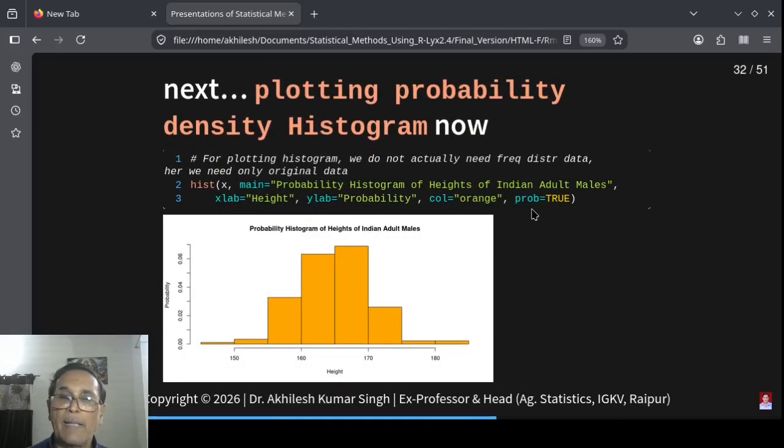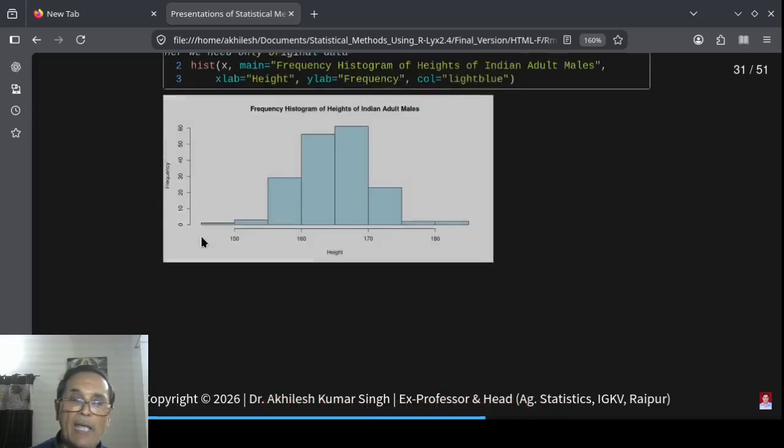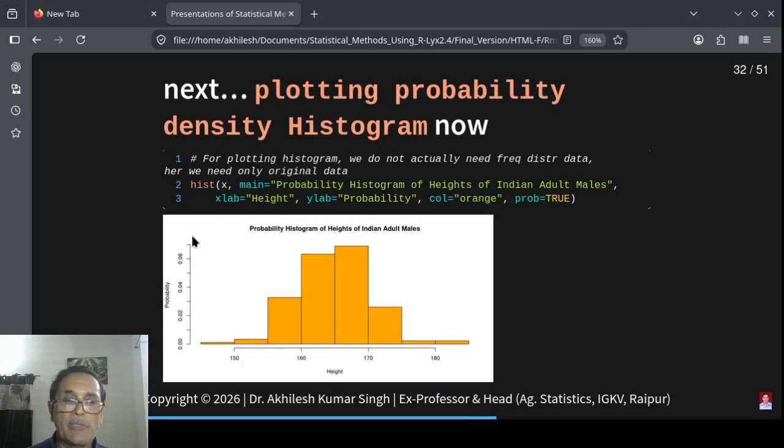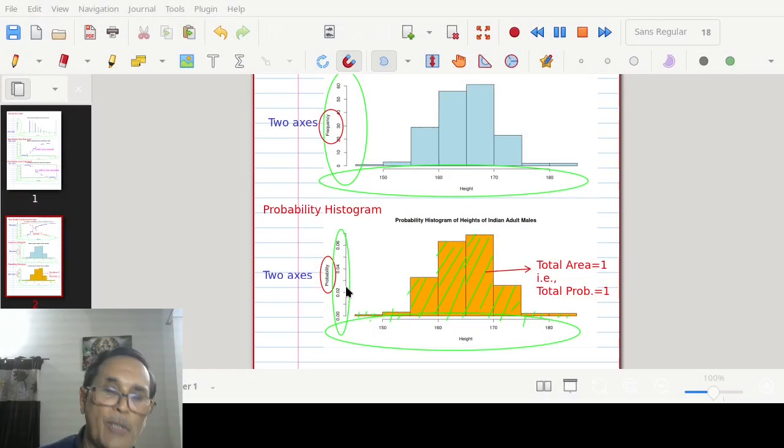Here, probability true means the hist function will plot probability on the y-axis, and this ranges from 0 to 1 at maximum, whereas in the other case it ranges from 0 to the maximum frequency. This is the difference, and we have already discussed it. Now coming back to the presentation.